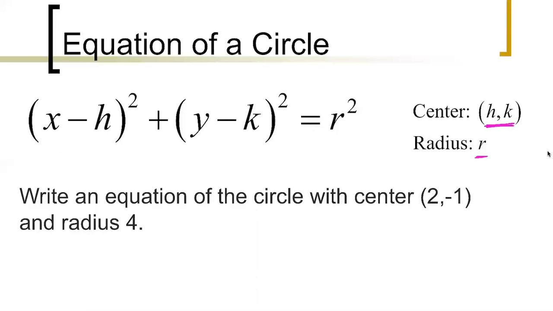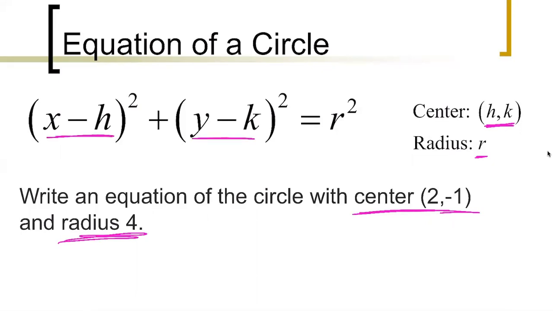So the first thing that we're going to do is, given the center, so I'm going to give you a center, I'm going to give you a radius, and we want to write the equation of a circle. So really it's substitution. You're substituting into the standard form. You do have to be careful because you do have subtraction signs here.